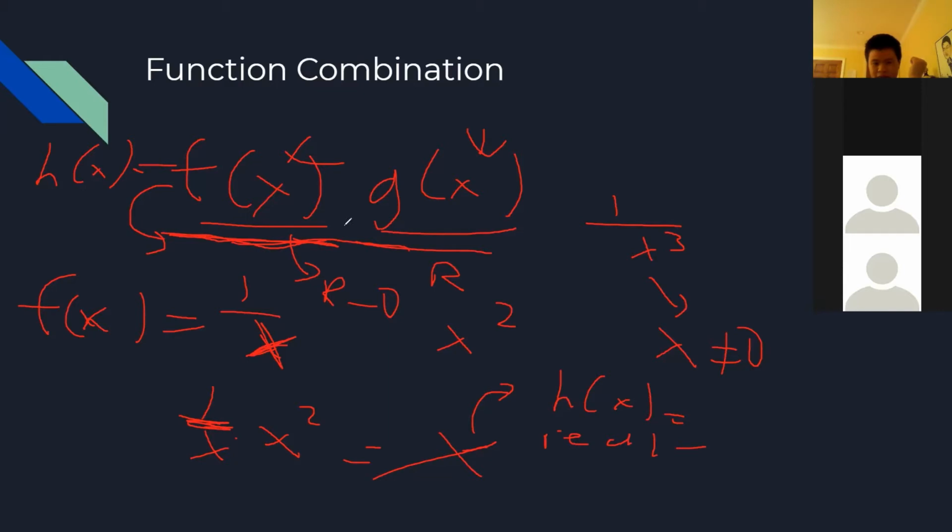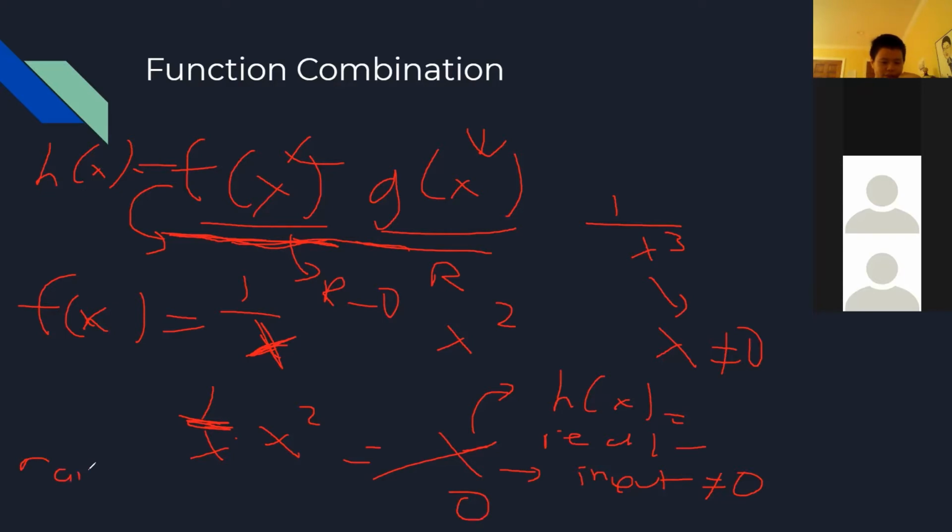On the other hand, for the domain, it's x. However, the input can't be 0. So the h(x), as we just named it, can't be 0 either.